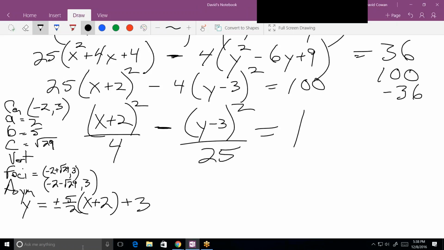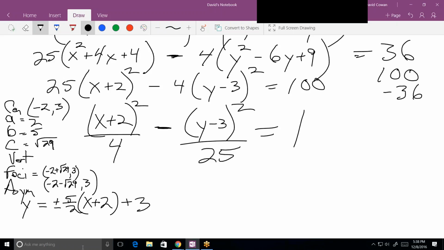Do they ask you to graph it also? Not on that one. There are a couple of problems earlier that they asked to graph, if you want to try one of those. Well, we can, but this was rather interesting for me. I always get this after graphing it, and it's just today that I realize you really don't have to graph it. If you recognize that it's horizontal, then you can get everything. The only thing we didn't do is the vertex.